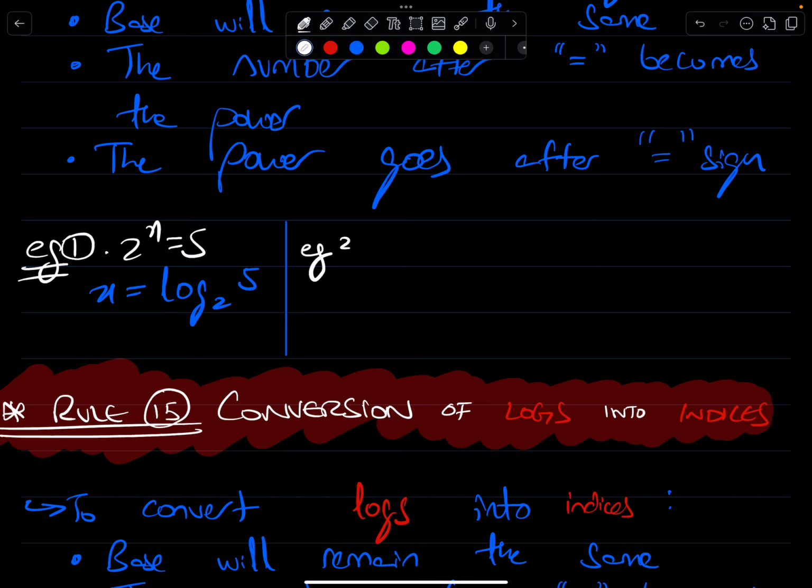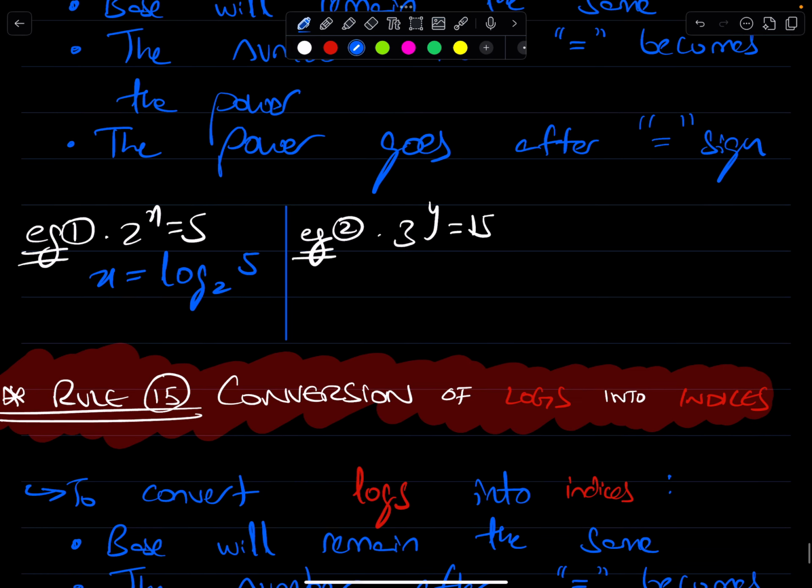Then example 2. Let's say I have 3^y is equal to 15. We use logs to find the power. So what power should 3 be raised to find 15? You use your calculator function and find the answer. But this is the answer in the exact form.